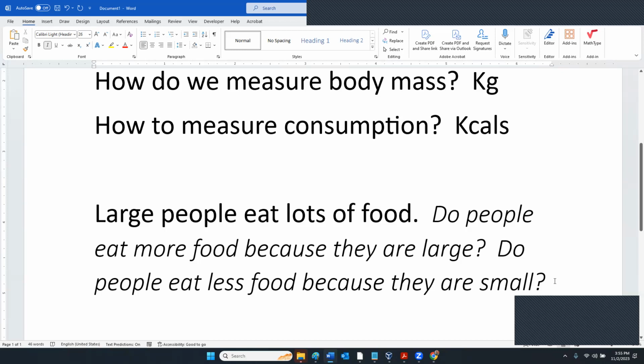And the observations. Now, when you have a hypothesis, let's say I'm going to pose a hypothesis, based on my observations and my inferences, I want to know: are people large because they eat more, or are people eating more because they're large, right? And the next step is to generate predictions, right?